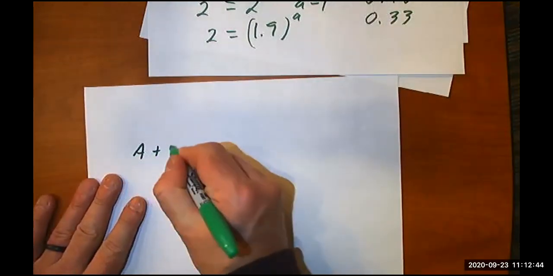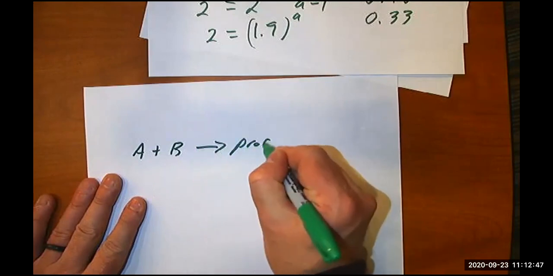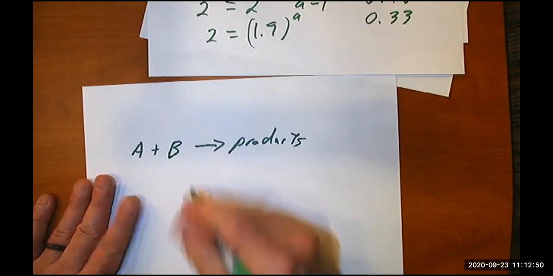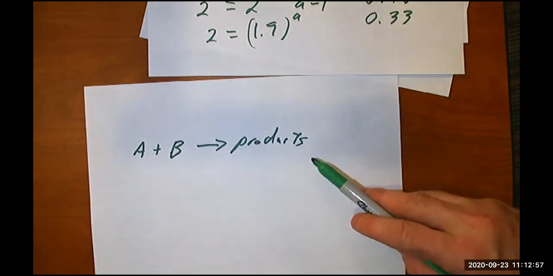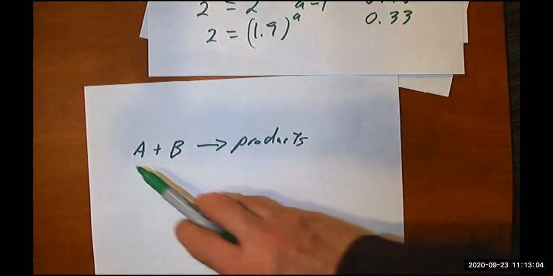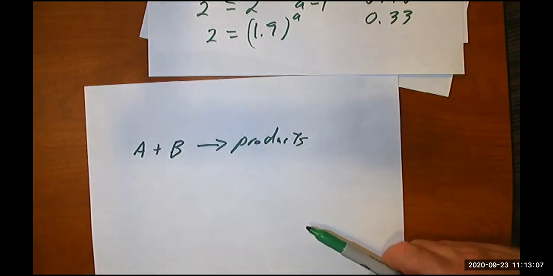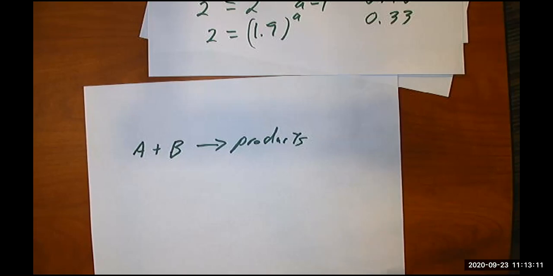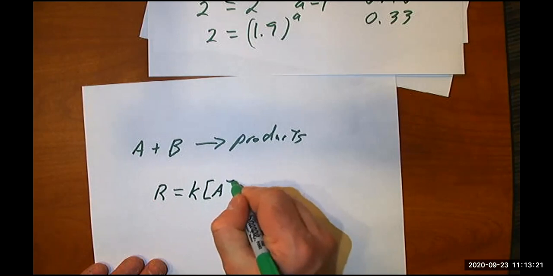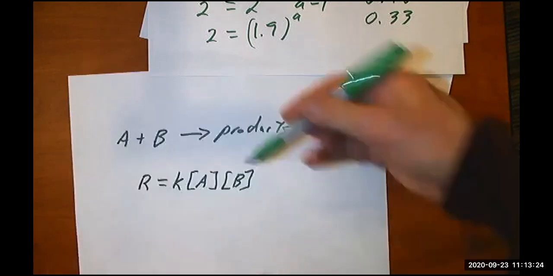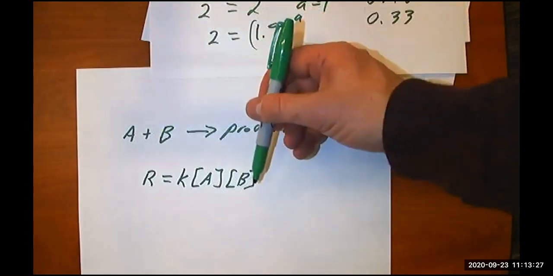If you know that a particular reaction step doesn't break down into sub-steps, if you know that this is an elementary reaction, as it's called, where this reaction happens by a molecule of A running into a molecule of B, and that collision then produces the products, then you can write down what the rate law is for that step. In this case, the rate law is some rate coefficient times the concentration of A times the concentration of B, because the more A you have, the more collisions you're going to get. The more B you have, the more collisions you're going to get.